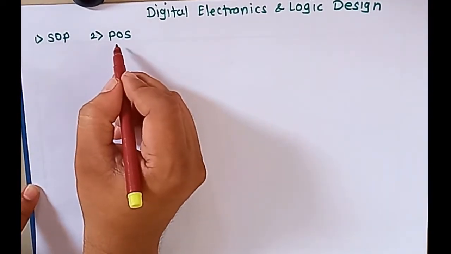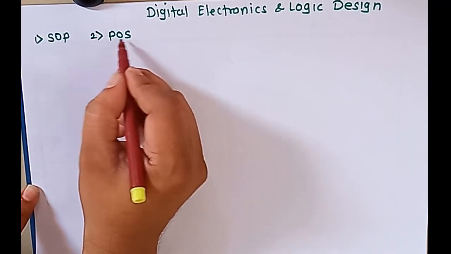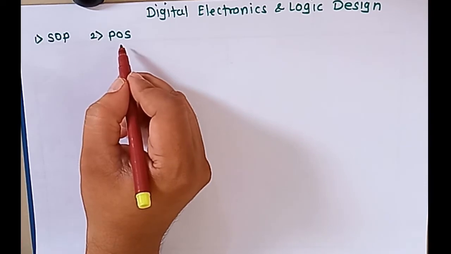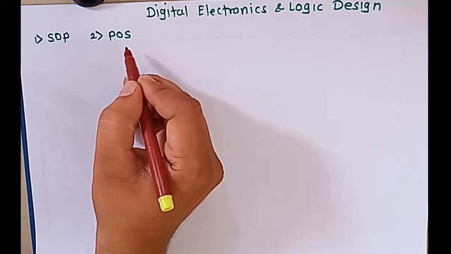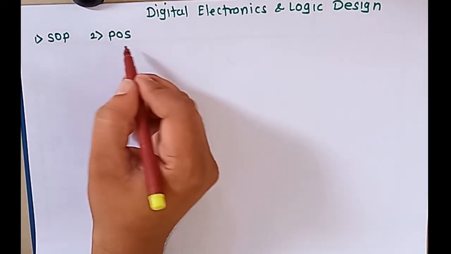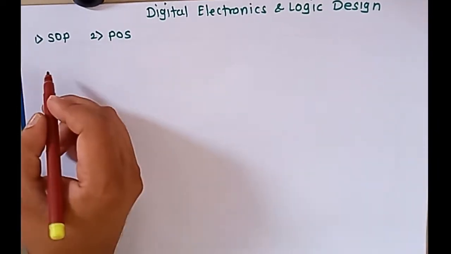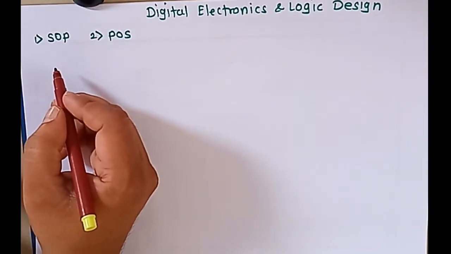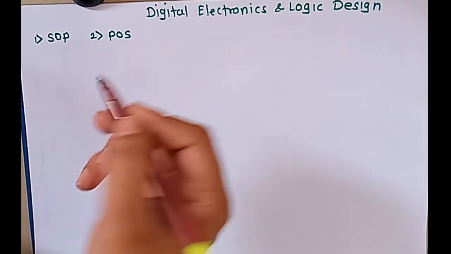In the case of a POS equation, each sum term must consist of all the literals in complemented or uncomplemented form, and then we call it a standard POS equation. Now in this lecture we are going to study how to convert a non-standard SOP equation into the standard form.